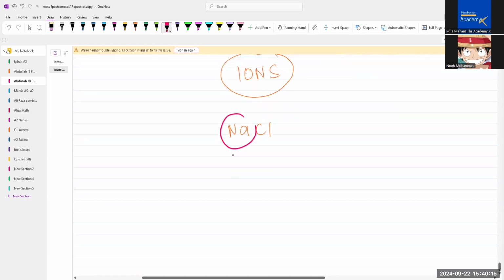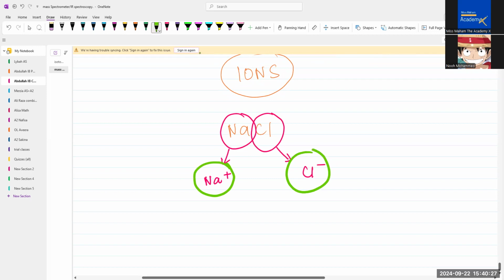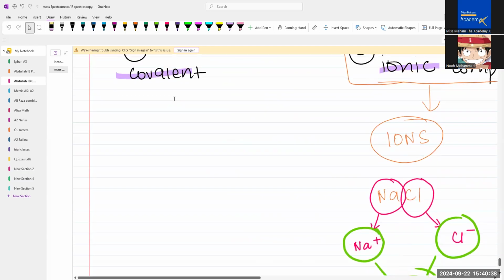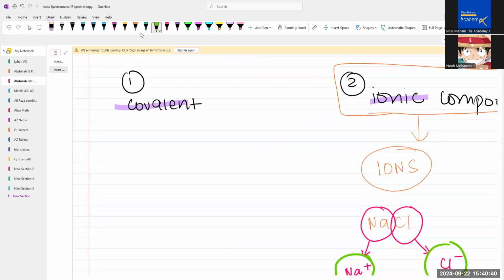Because sodium makes an ion of Na plus, chlorine makes an ion of Cl minus. So a positive ion and a negative ion combine together to make an ionic compound. Okay? And covalent compounds do not have ions.